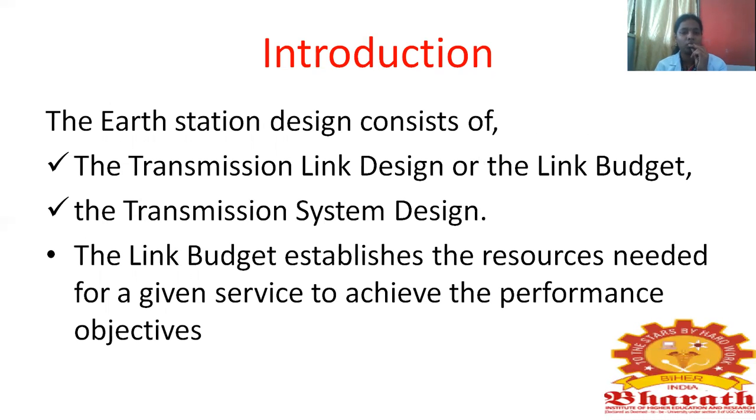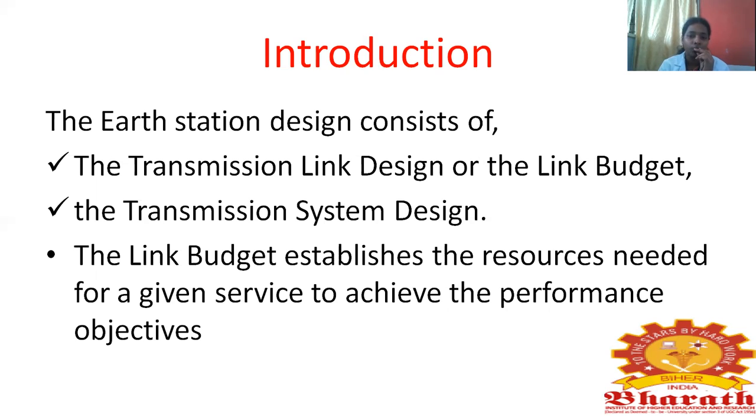Now we'll check what an earth station contains. The earth station consists of two different things. The first is the transmission link design, and the second is the transmission system design. In the transmission link design, you identify what resources you need to provide a given service very effectively and to achieve the performance objectives.